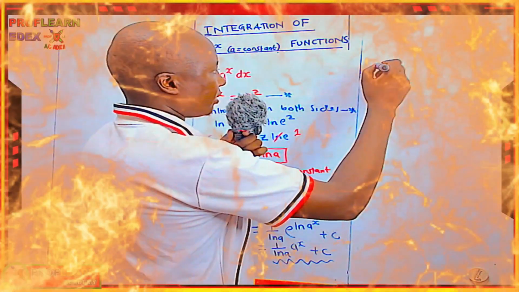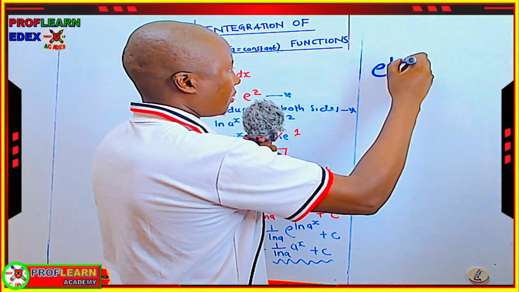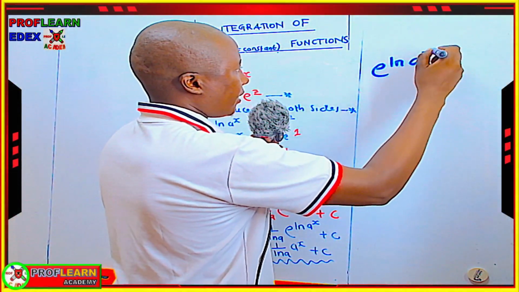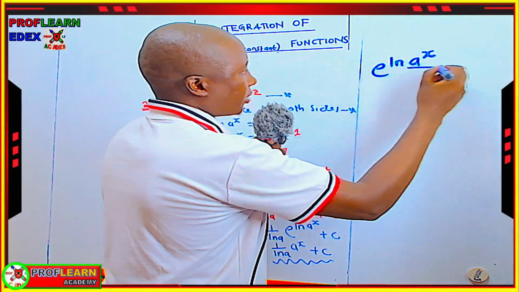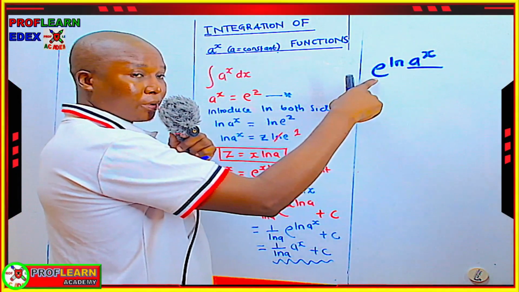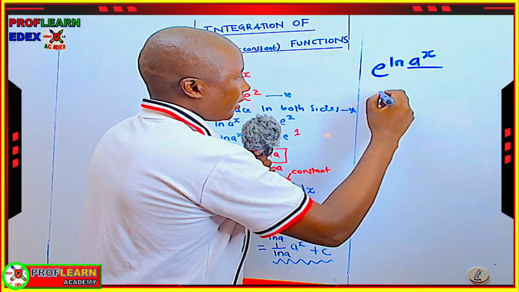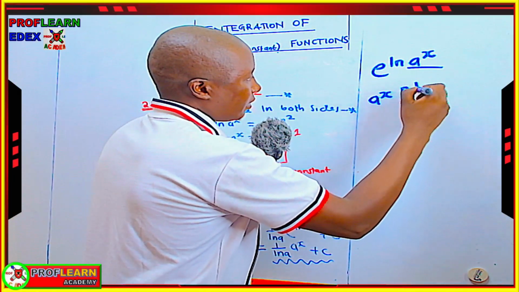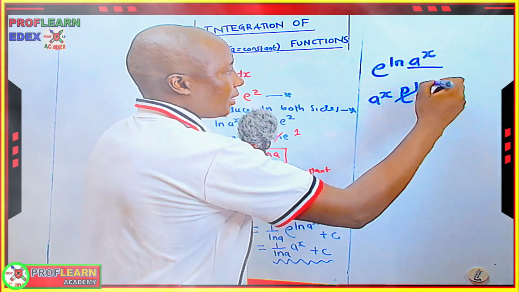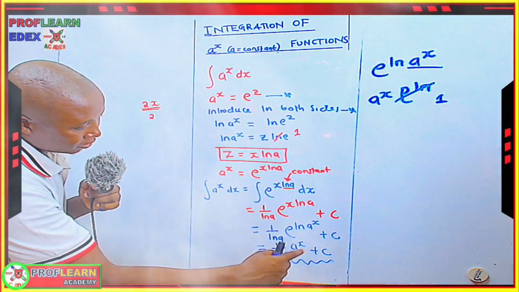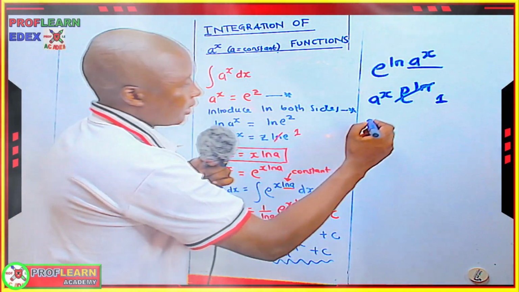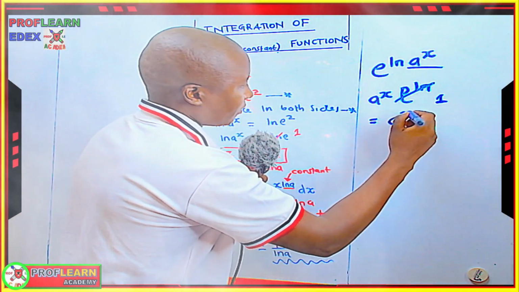An expression like e^(ln a^x), we can take this behind the exponent, and we have a^x ln e. But ln e is actually 1. That's why we were able to convert this, and our final answer becomes a^x over ln a.